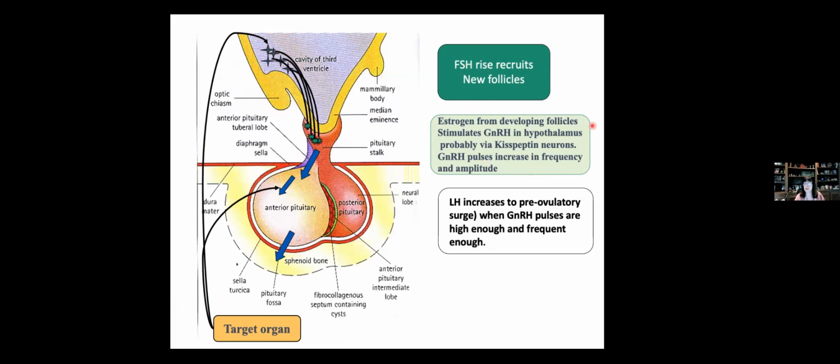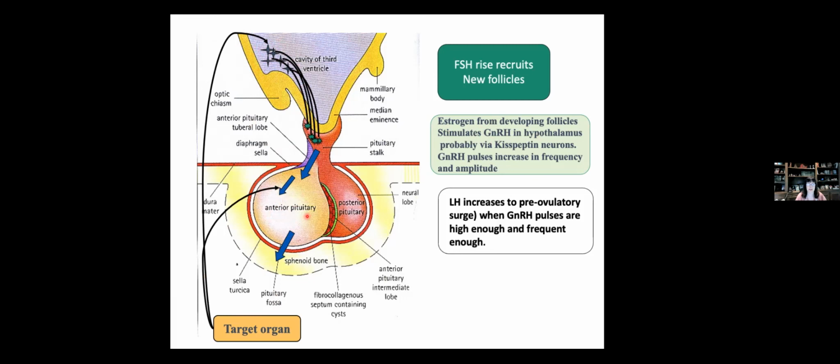And estrogen from these follicles rises and also stimulates GnRH up here. And the GnRH starts to pulse and stimulate the anterior pituitary gonadotropes. So the bottom line is the estrogen rise early in the cycle gets this going.